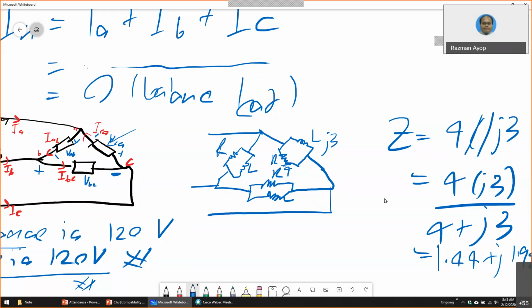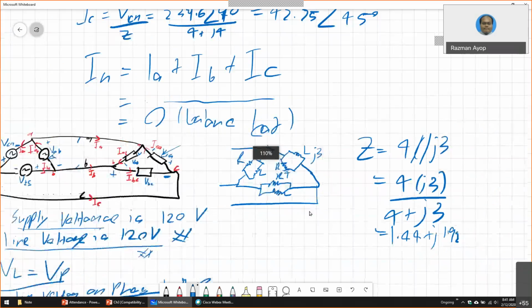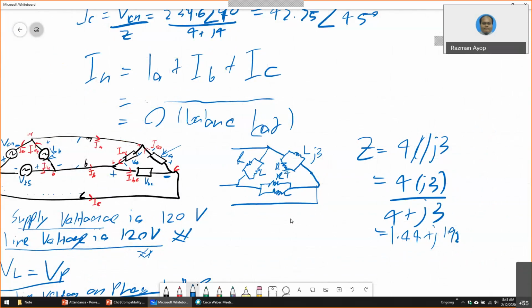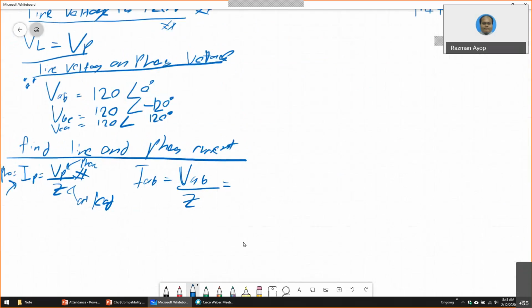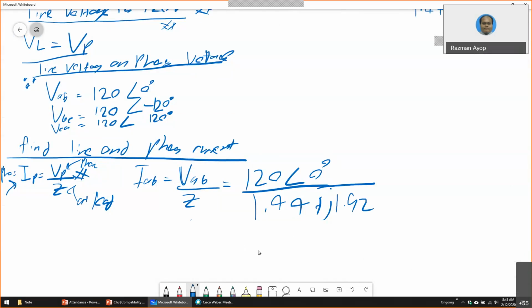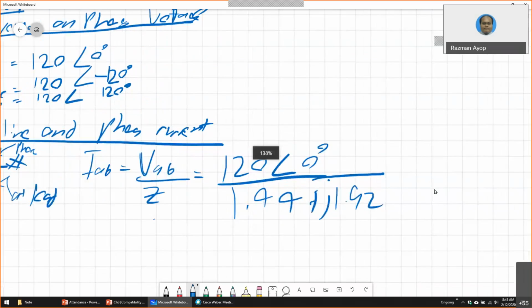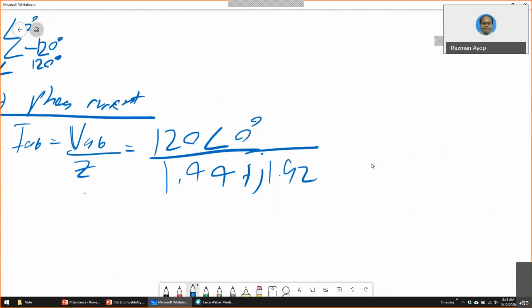Make sure if they give like this, don't panic, just solve this. So here is 120 angle 0 divided by 1.44 plus J1.92. Make sure you know how to get the Z value if they don't give it.